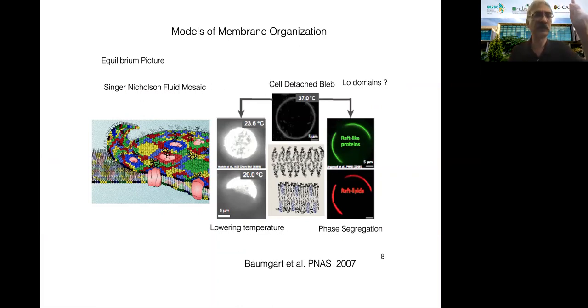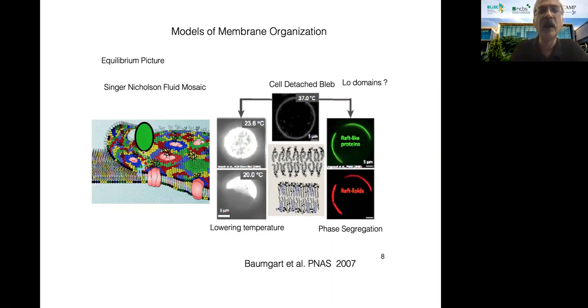You need to have both temperature and composition carefully controlled, or a third parameter could be tension, carefully controlled, in order to get this phase segregated patch. And therefore, one needs to magically position the membrane into a particular state so that it exhibits this phase segregation. And this was the state of thinking about membranes around 15, 20 years ago.